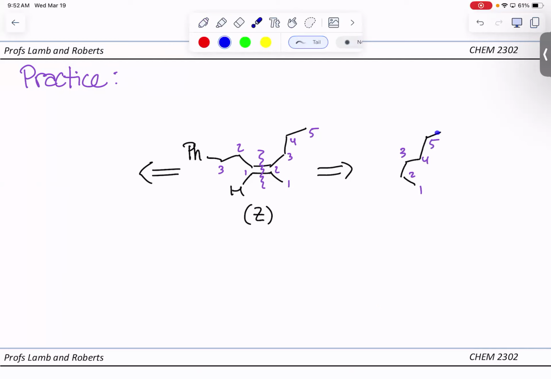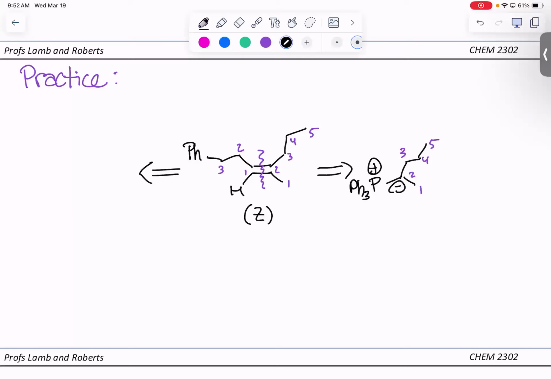And then 2 carbons. Right, and then we could draw our negative charge here and our phosphine here. And we see that this checks out, right? This is just an alkyl chain, so makes sense that we're going to get the Z isomer.